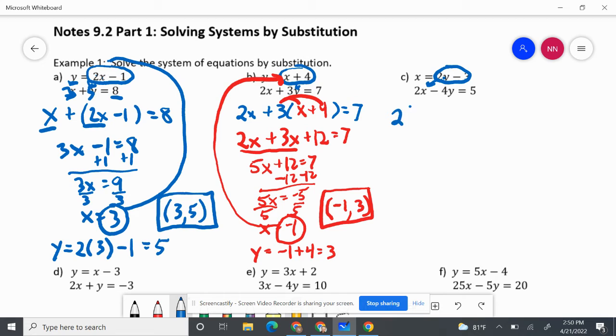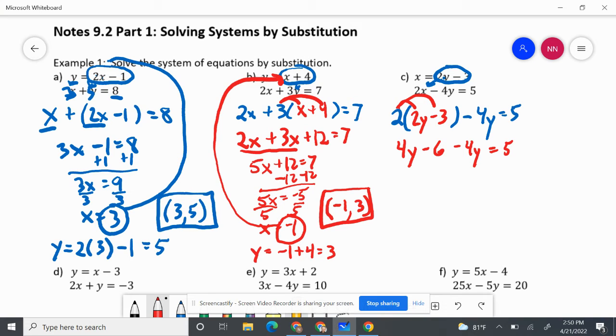So I have the 2, and instead of an x, I'm going to replace it with my expression. So I'm going to plug in the 2y minus 3. I distribute the 2 to each of the terms. That gives me 4y minus 6 minus 4y equals 5.